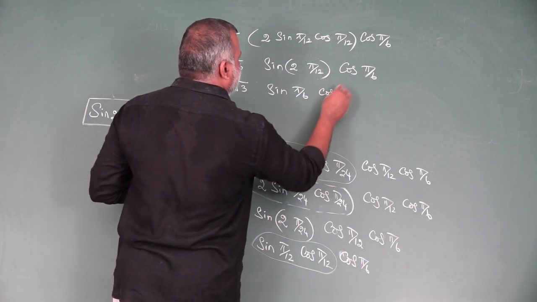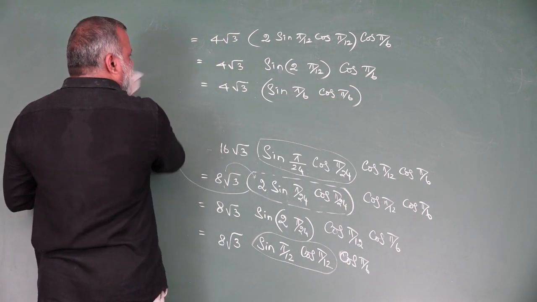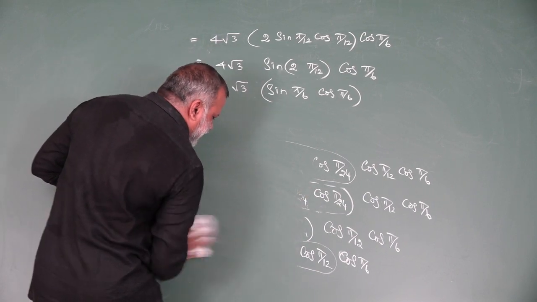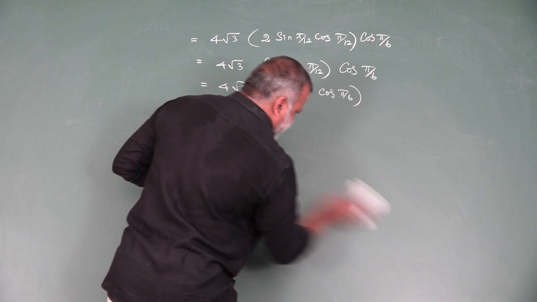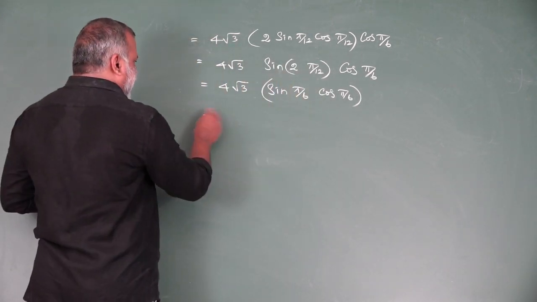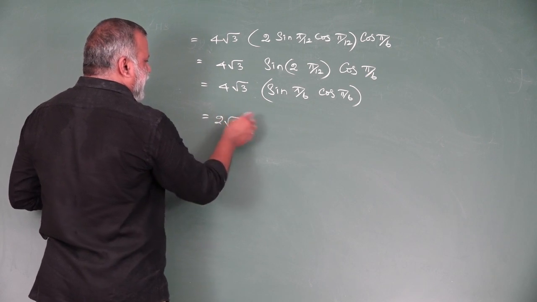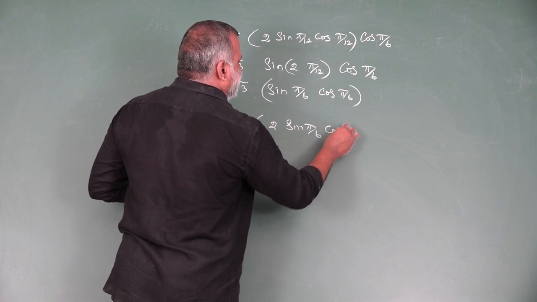Again, already you are having cos pi by 6. So again that 4 root 3 is simplified one more time. Continuously you are using the same logic. So many times you are using only one logic. So again I am splitting 2 root 3 here. One more 2 sin pi by 6, cos pi by 6.